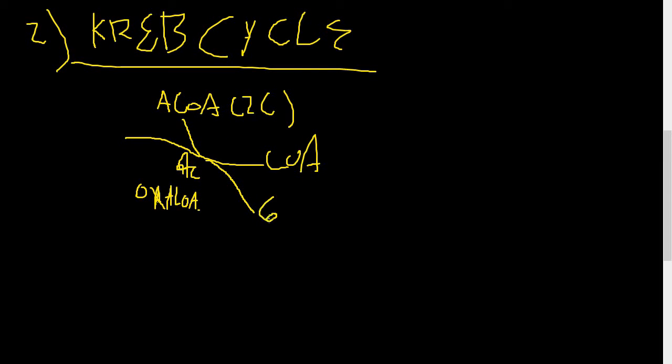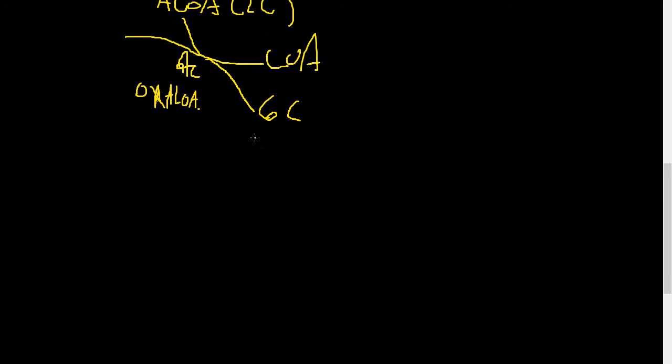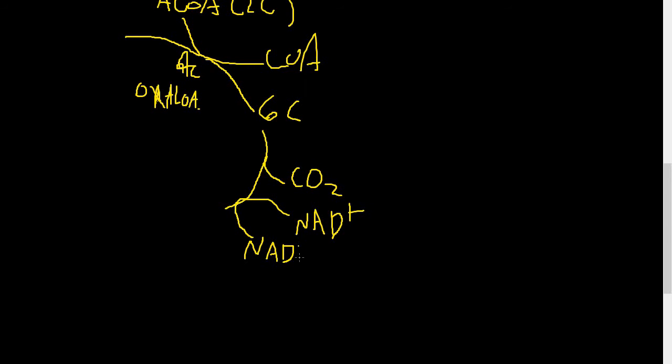And so you're then left with a 6C sugar, and this 6C sugar is decarboxylated, which once again is the loss of a carbon in the form of CO2. It's also oxidized. Once again, whenever something is oxidized, something else is reduced, and so NAD is reduced and gains an electron through a hydrogen atom, so NADH.